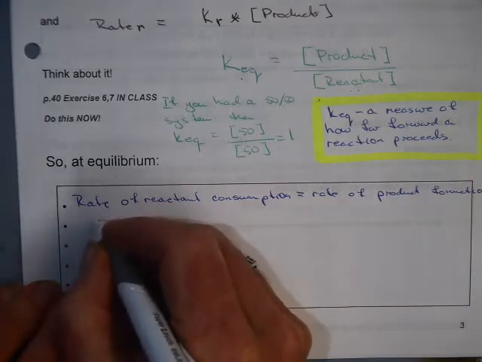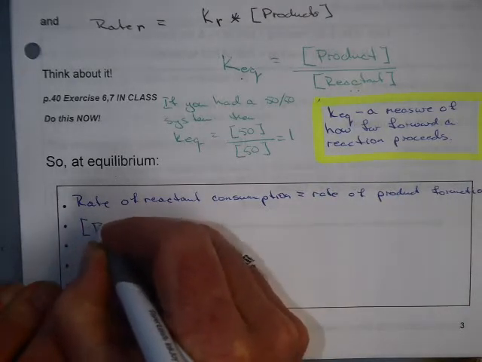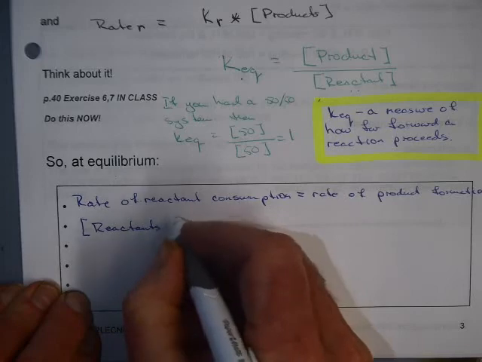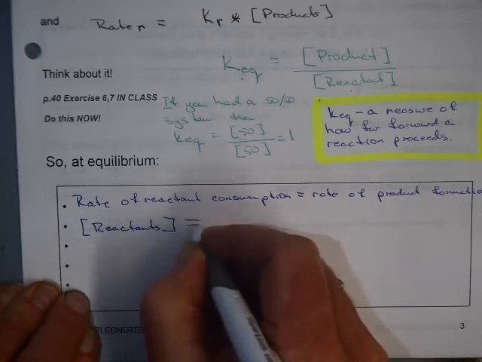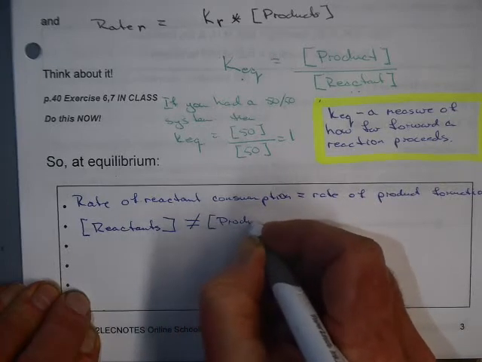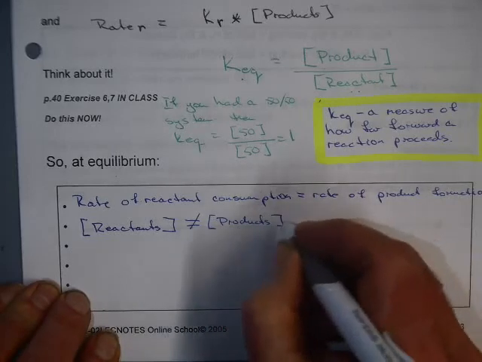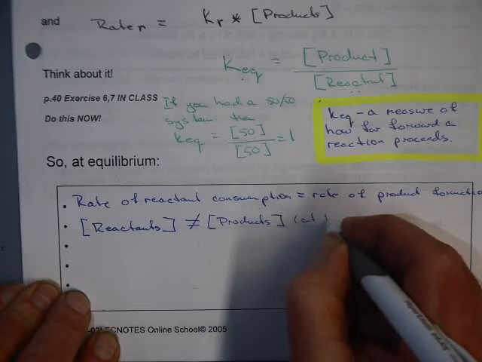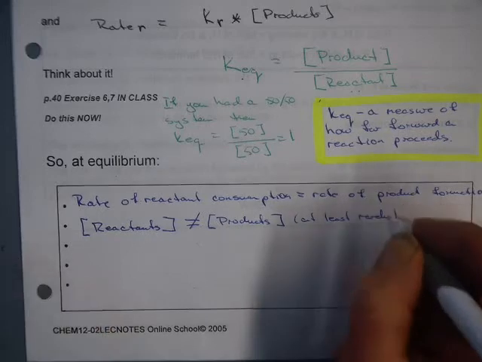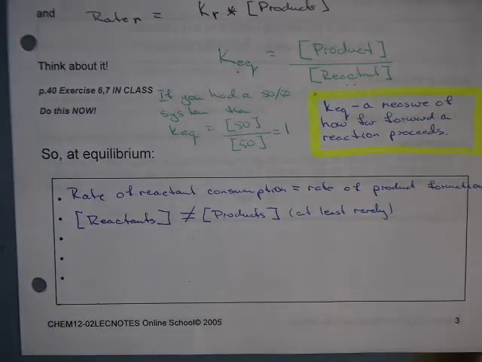Second point, the concentration of the reactants does not equal the concentration of the products, or at least rarely. And to be honest with you, I don't think you will ever, no, that's a lie. I think maybe once you run into a situation where the products and reactant concentrations are the same, but I think by and large you'll never see it in the calculation.